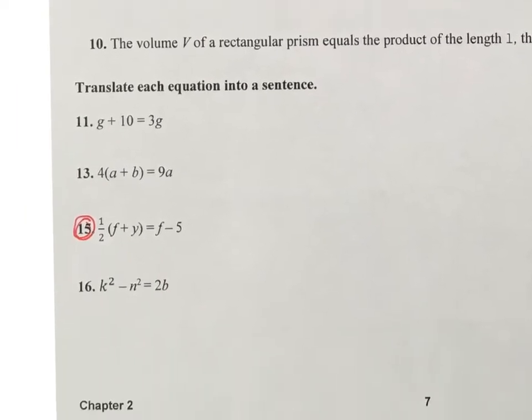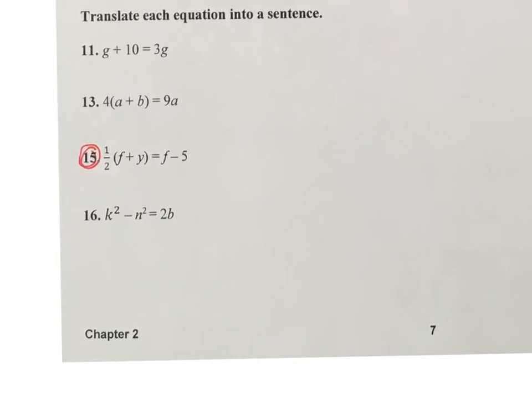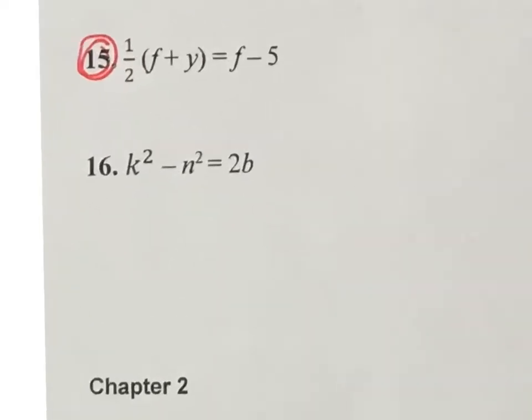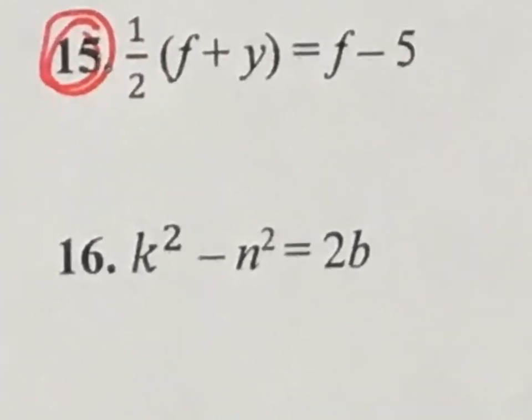Let's just jump to something that might be on the quiz, something like translating each equation into a sentence. So here we go. We have an equation right here, and we need to turn it into a sentence. So anybody, ideas how to start this thing? What do I write? Yes, so we're going to start 1/2 times the sum of f and y.